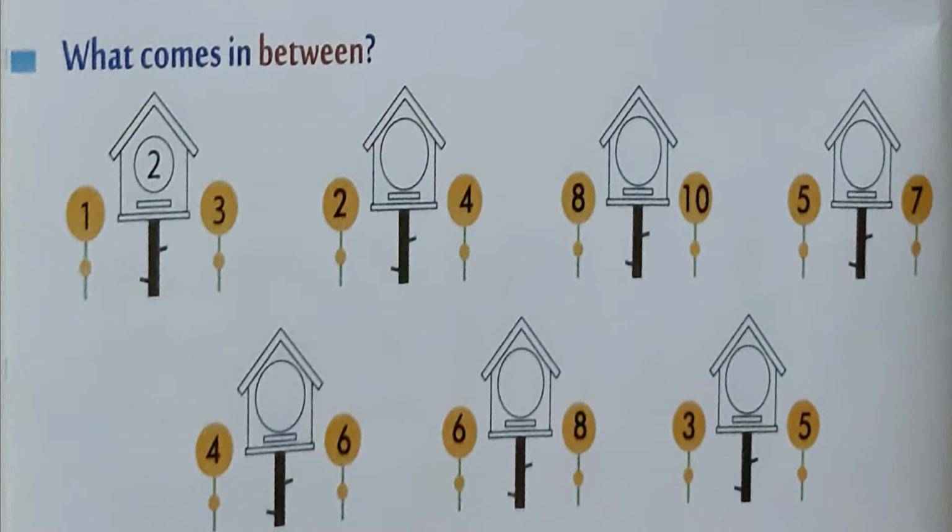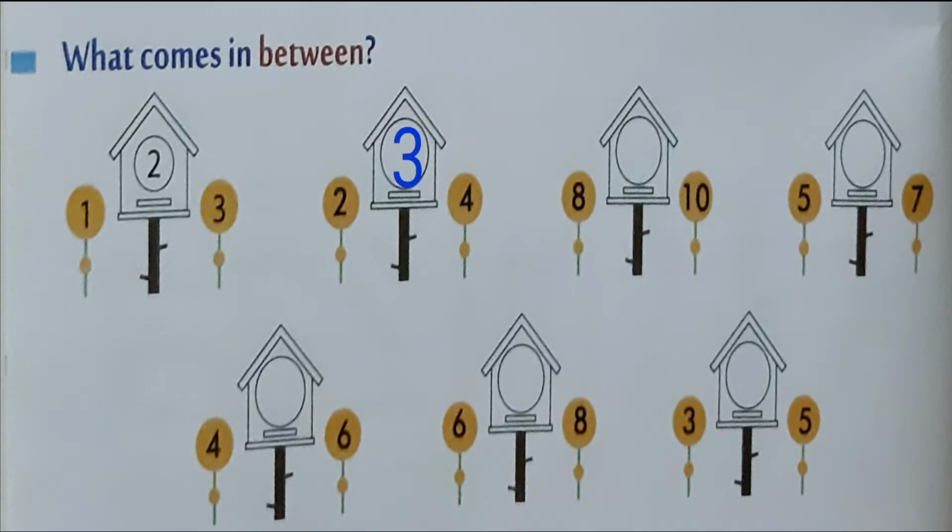See the first one. The given numbers are 1 and 3. The between number of 1 and 3 is 2. 1, 2, 3. And next one. What are the numbers given? 2, 4. Between number of 2 and 4 is?